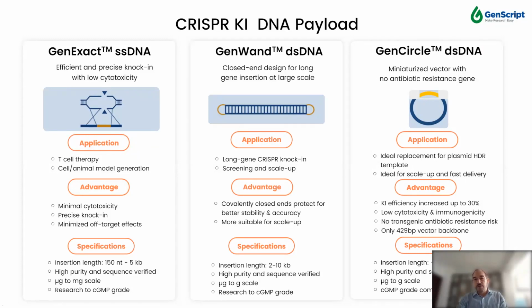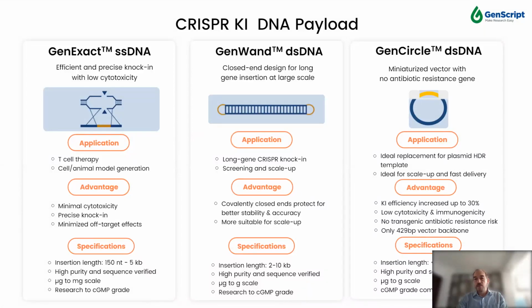And then the GenCircle double-stranded DNA template is very useful for very large fragments, up to 50 kilobases. These circular DNA vectors are very good for increased efficiency of the knock-in, and they also offer low cytotoxicity and immunogenicity.